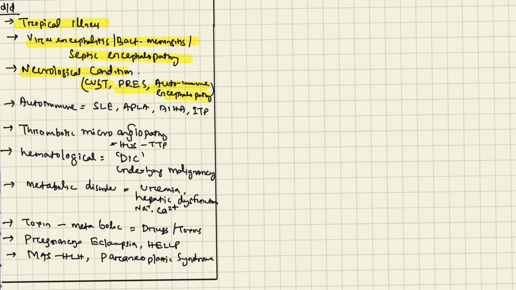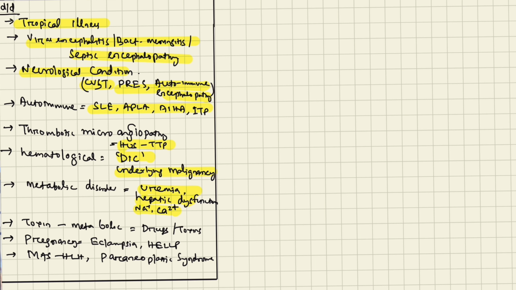The patient can have autoimmune conditions like SLE, APLA, autoimmune hemolytic anemia or ITP, thrombotic microangiopathy like HUS, TTP, hematological conditions like DIC and underlying malignancy, metabolic causes like urea, hepatic dysfunction, sodium, calcium, and toxic and metabolic causes like drugs and toxins.